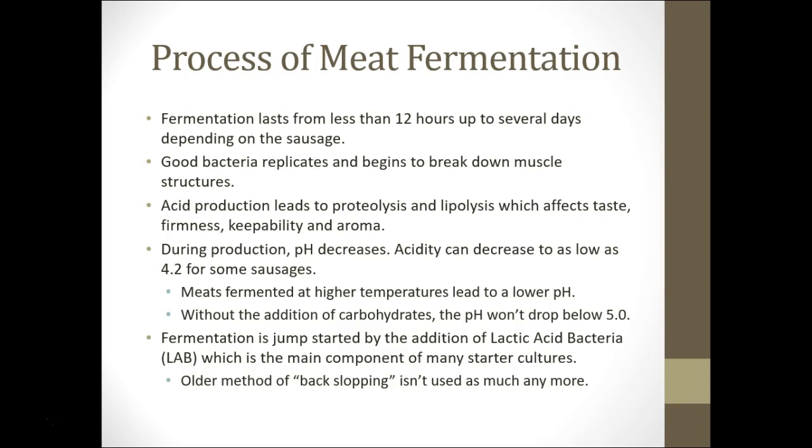And a lot of that has to deal with what we put into our sausage, the type of starter culture we use, and most of the time, without the addition of certain carbohydrates such as sugar or glucose, our pH isn't going to drop below 5. Temperature also has a lot to do with the pH. Typically, meats that are fermented at higher temperatures are going to lead to a lower pH.